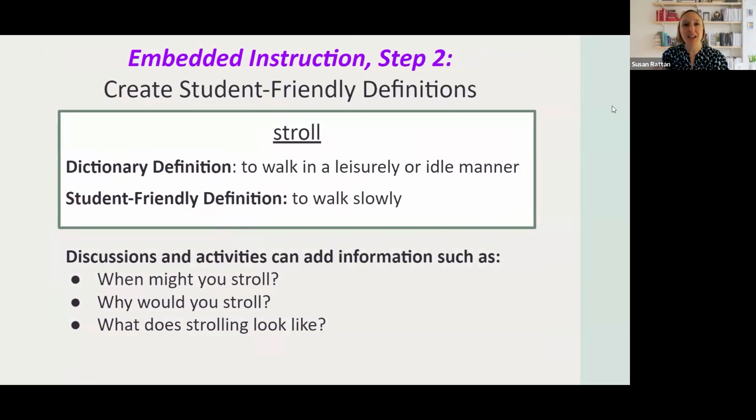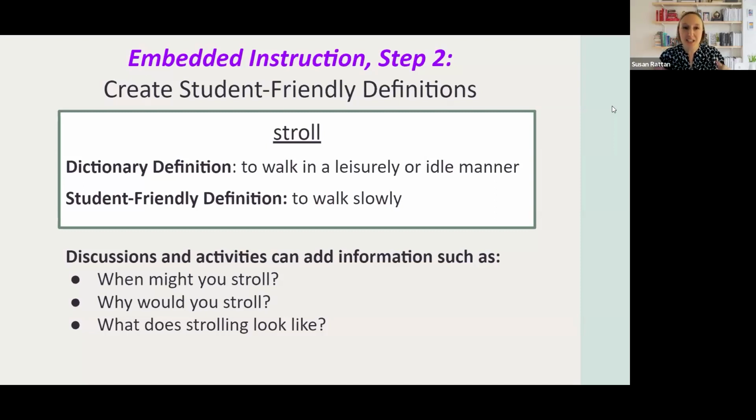And as you can imagine, that definition wouldn't go over well in a kindergarten, first, second grade classroom, because it has words in it that you would also need to define, like leisurely and idle and probably manner. So we want to simplify that so it's easy for them to understand. So our definition for stroll is to walk slowly.